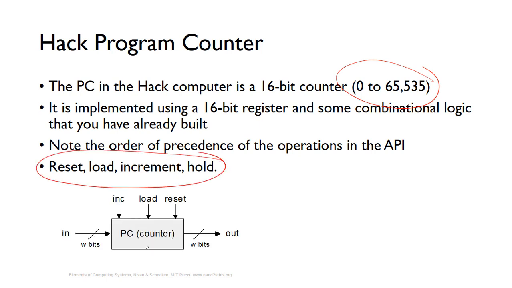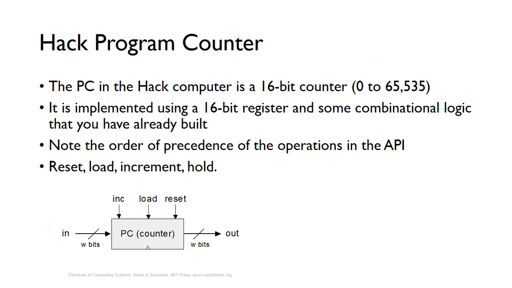We'll look at the block diagram of the program counter. Again, we've got our input value, so we can load a new value into the counter, assuming the load bit is 1. If the load is 1, we'll load a new value in.